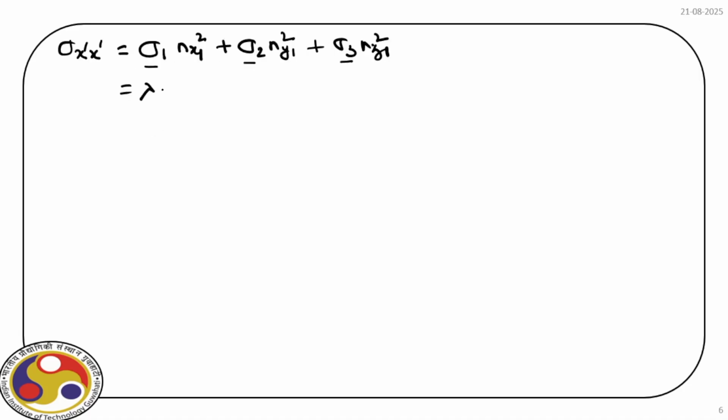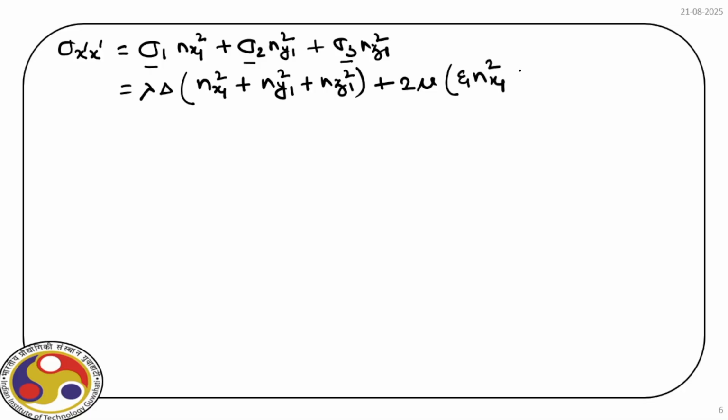you can get this expression. So lambda times delta, within bracket we have nx1 square plus ny1 square plus nz1 square, plus 2 mu, within bracket we have epsilon 1 nx1 square plus epsilon 2 ny1 square plus epsilon 3 nz1 square.